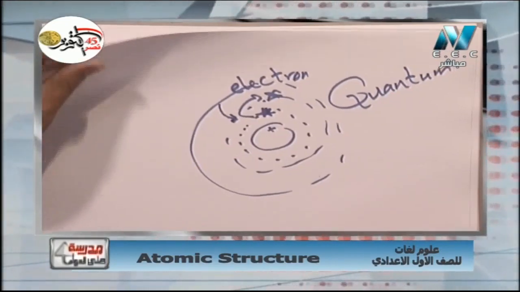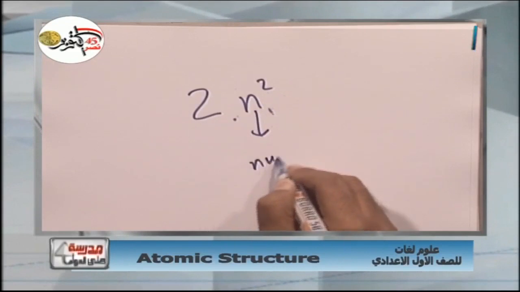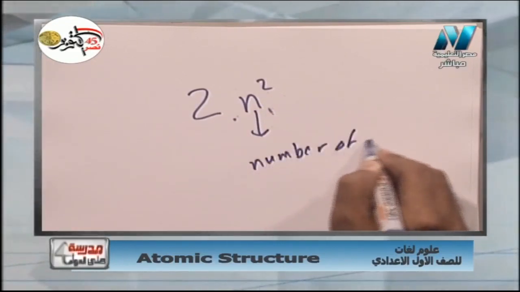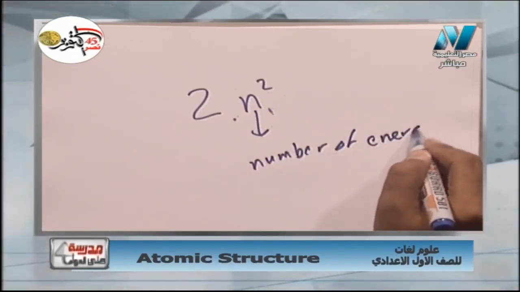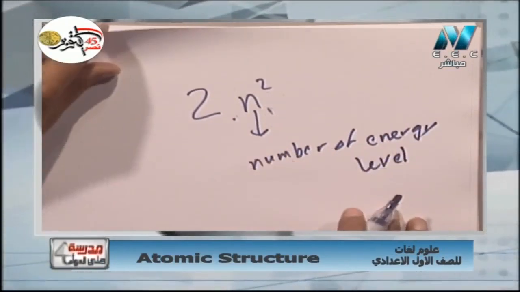Now, the electronic configuration. I can calculate the number of electrons that saturate any energy level from the relation 2n squared. But what is n? It is the number of the energy level. What does it mean? If it is number 1, how many electrons are in K?